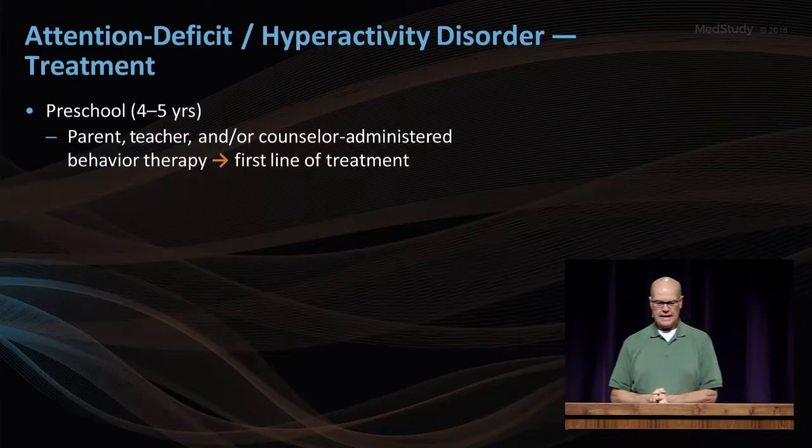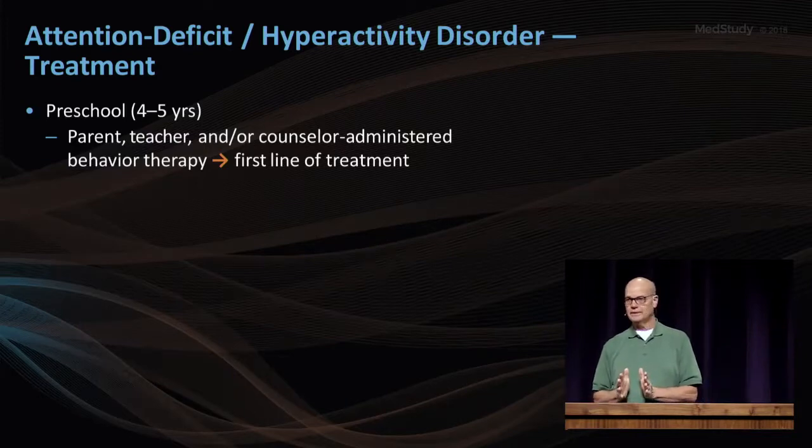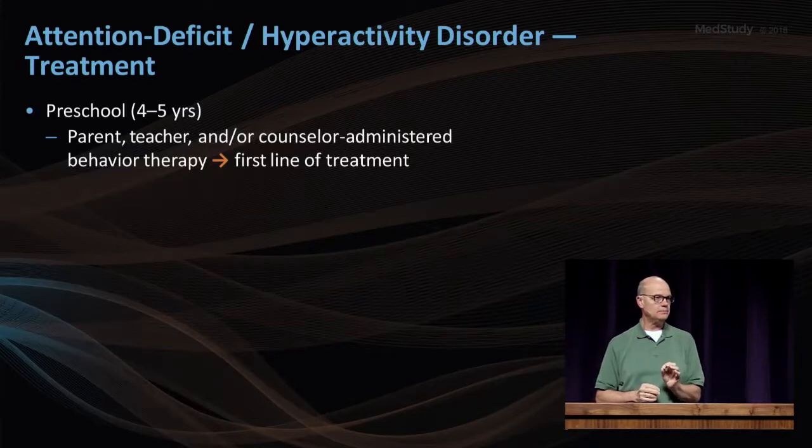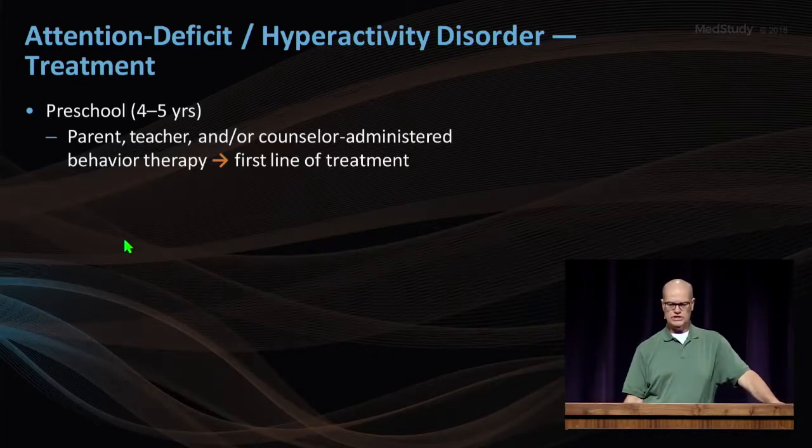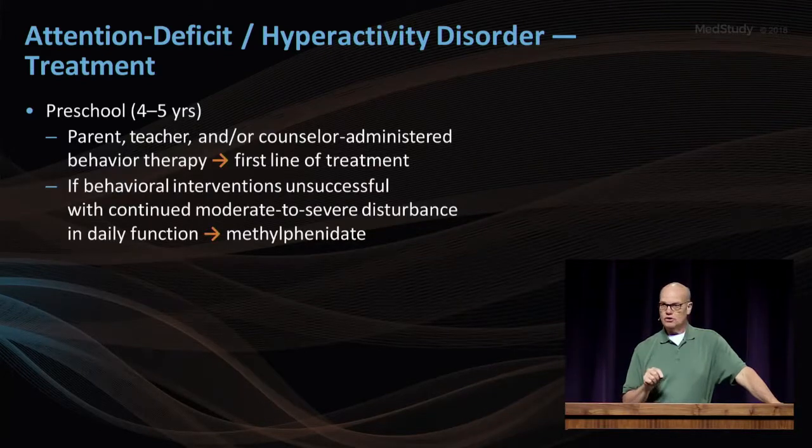The American Academy of Pediatrics recommendations for treatment of ADHD do differ a little bit depending upon the age of the child. For those who are preschool, first-line treatment is behavioral therapy only. And if those behavioral interventions are indeed not successful, then medication with methylphenidate is recommended.